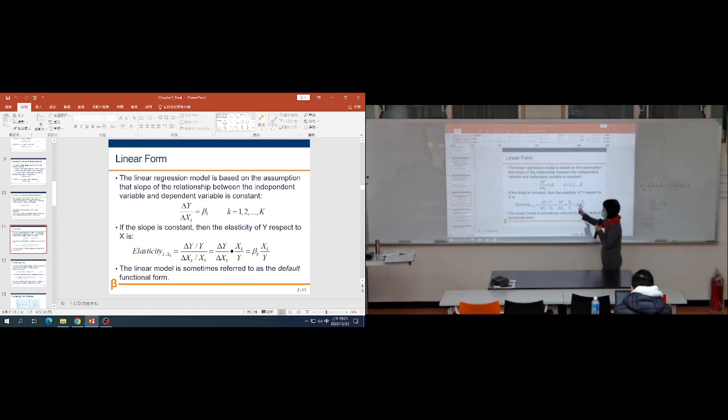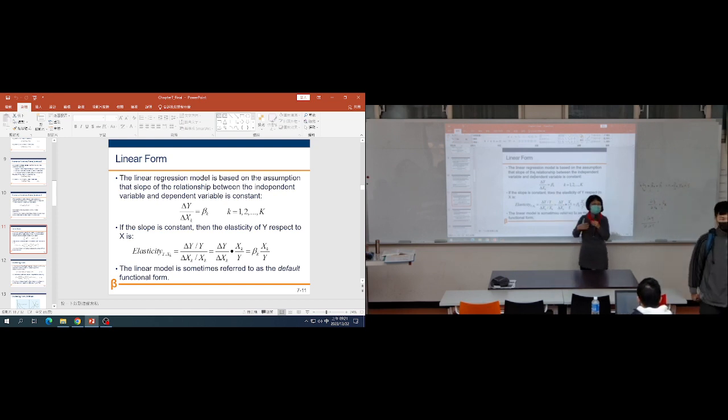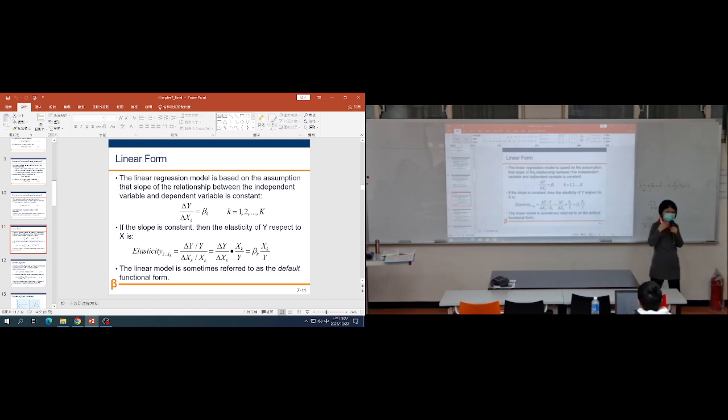If you don't really understand this, it doesn't matter. Since we have different terms, one called slope and the other called elasticity, the meaning must be different.